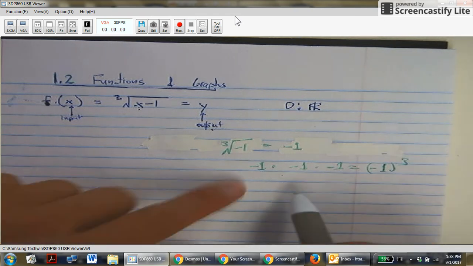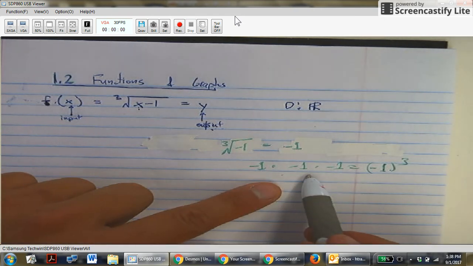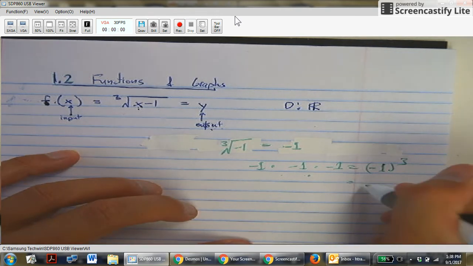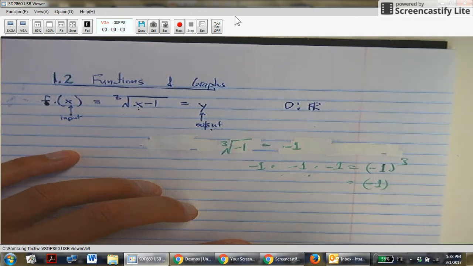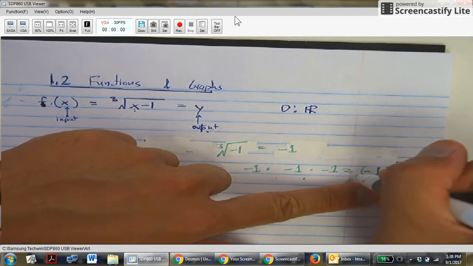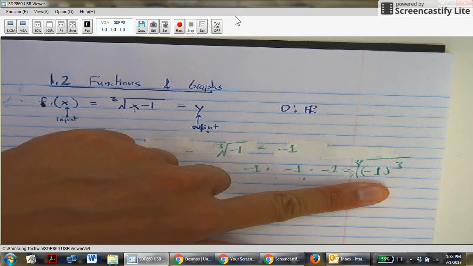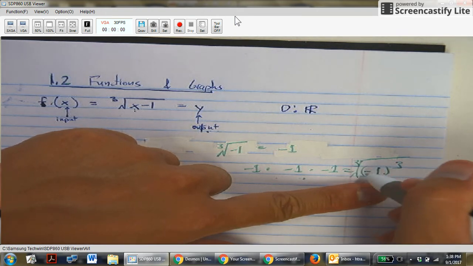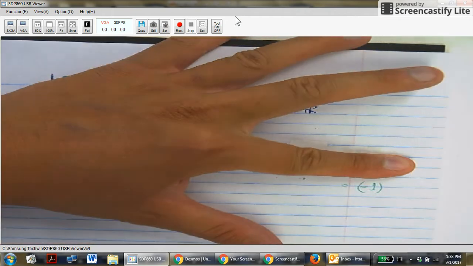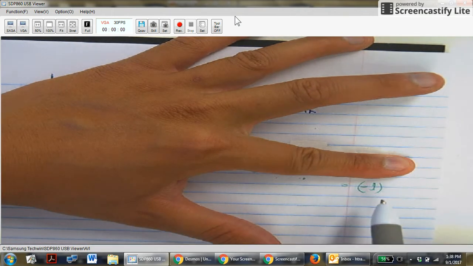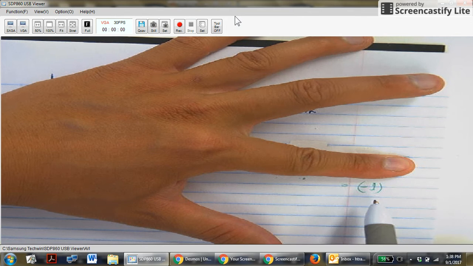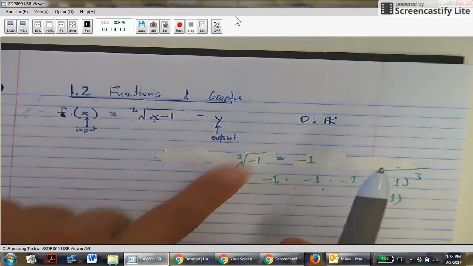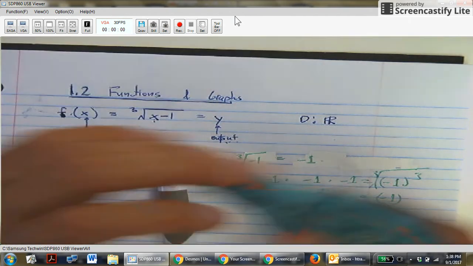It'd be -1 times -1 is positive 1, times -1. That just gave me -1 again, right? But if I took the cubic root of that, this would kind of cancel out and still just give me -1. It just goes back to the original number that you took the cube of. So again, negative numbers work perfectly fine for this. So that's why I say the domain is all real numbers, right?